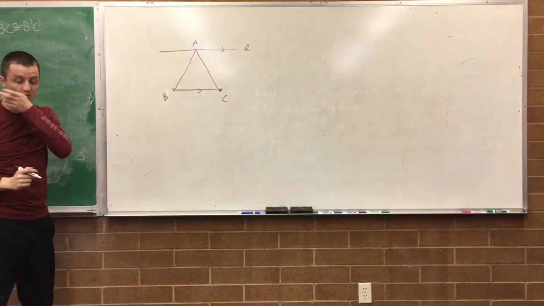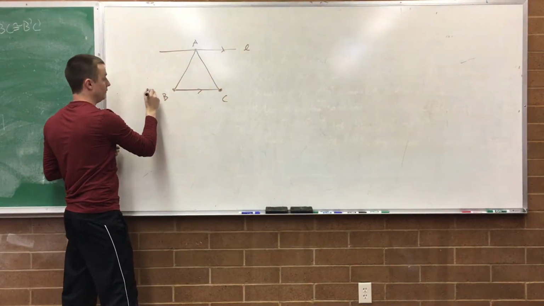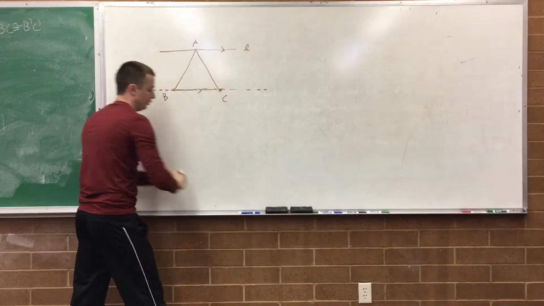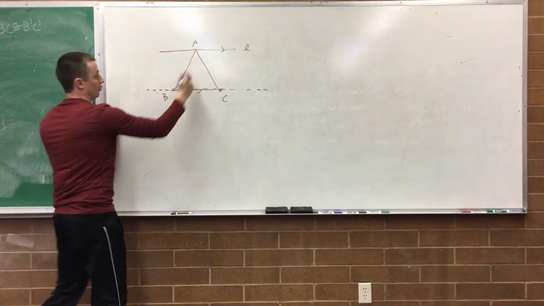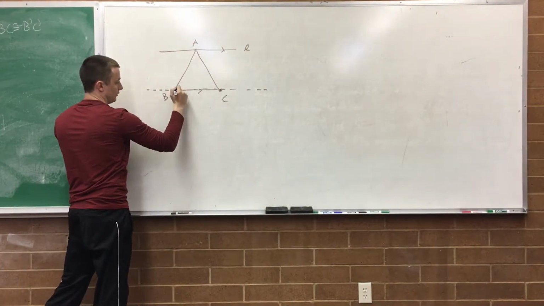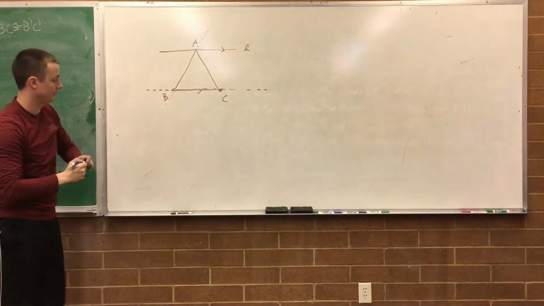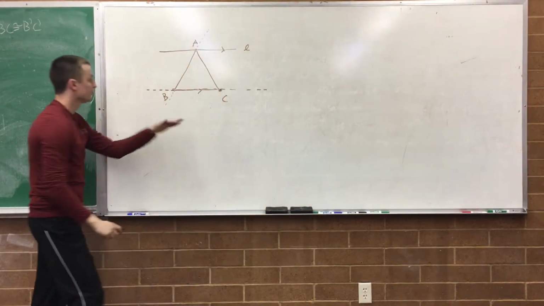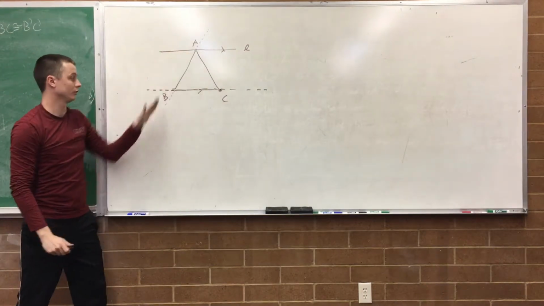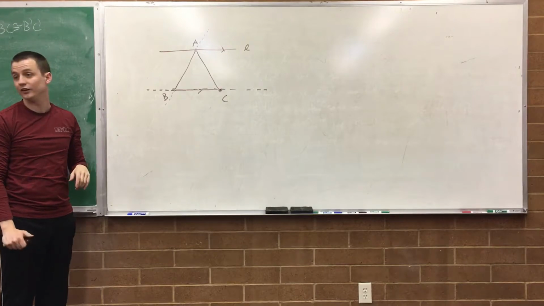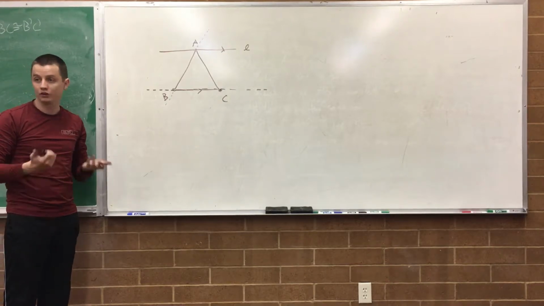Good? And maybe think about extending that line. And now we have two transversal lines. We have AB here. Maybe we'll think about that one first, and then we'll look at the next one. So this is a transversal on these two lines, which means its alternate interior angles are congruent.